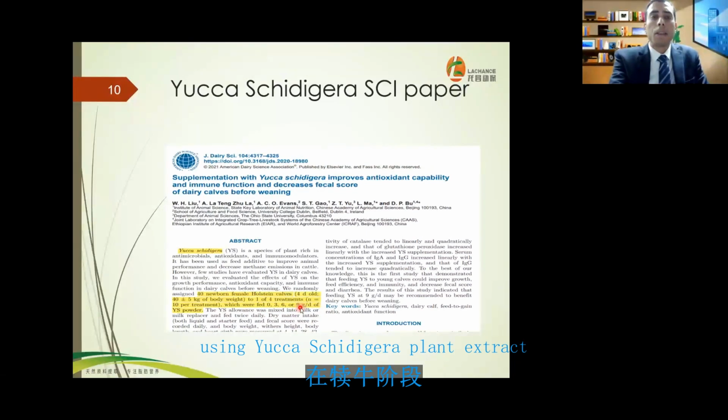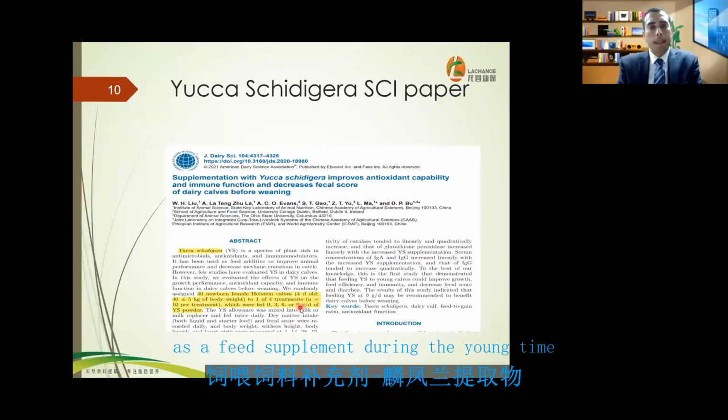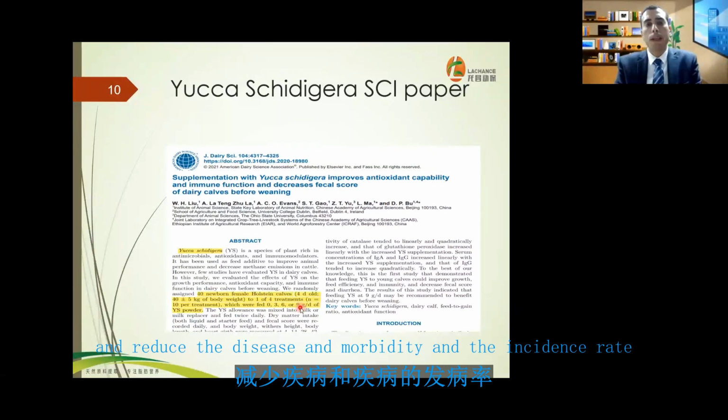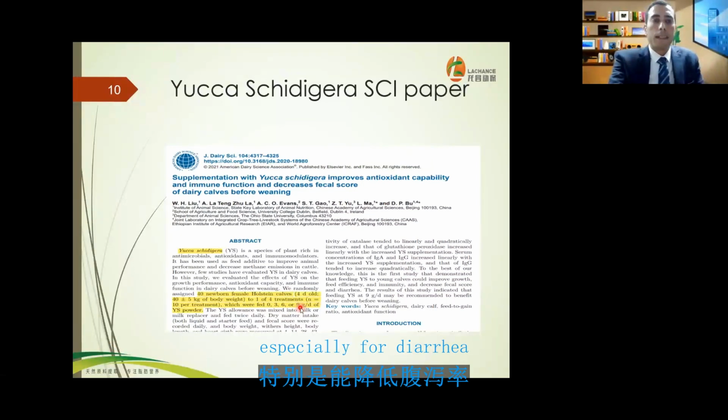Using Yucca plant extract as a feed supplement during the young stage improves average daily gain, enhances animal health and immune function, and reduces disease, morbidity and incidence risk, especially for diarrhea.